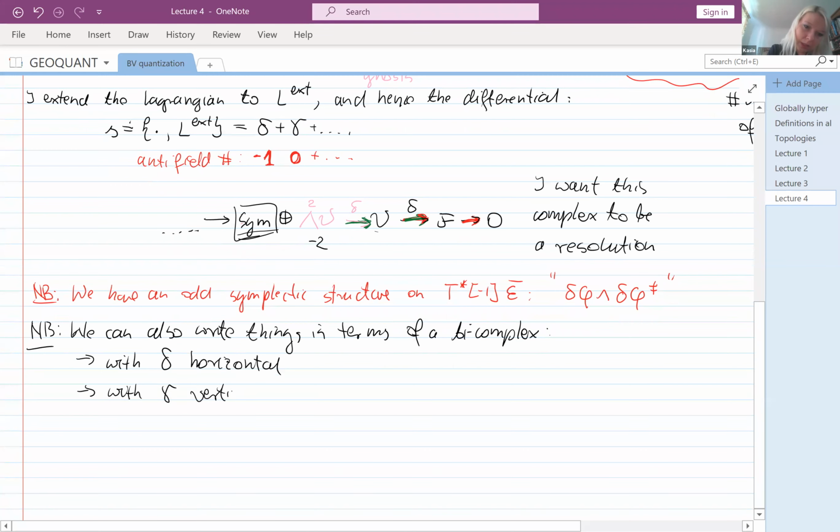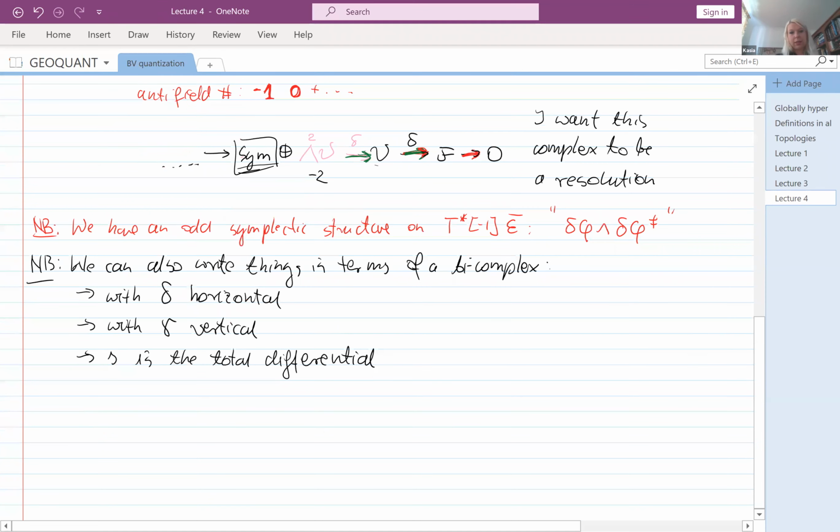So this is vertical, and S is the total differential. Okay, and now we build things in a way which makes delta into a resolution. So this is a resolution.